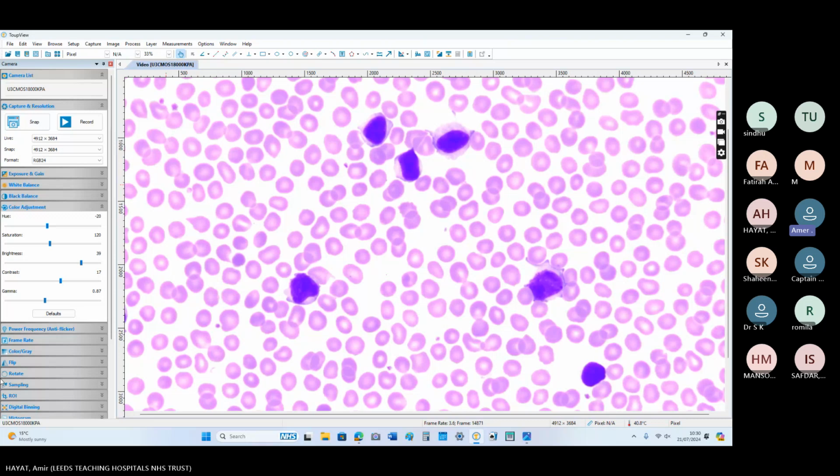The blood film shows leukocytosis. The white cells are mature. There is no blast in the blood film. The platelet count is on the lower side, and red cells are okay, consistent with lymphoproliferative disorder. The patient would need further investigation like flow cytometry for the confirmation of diagnosis.